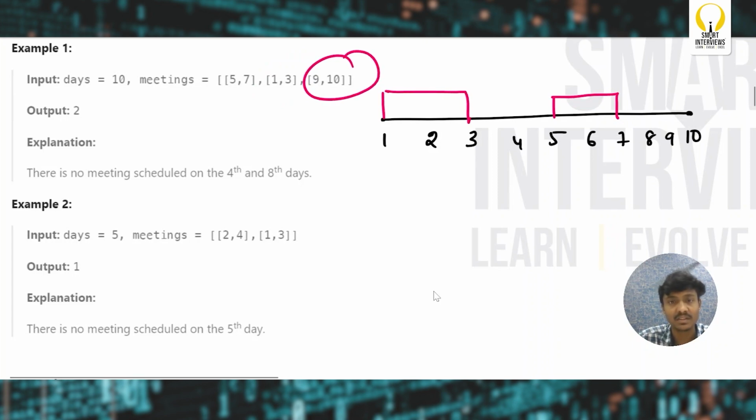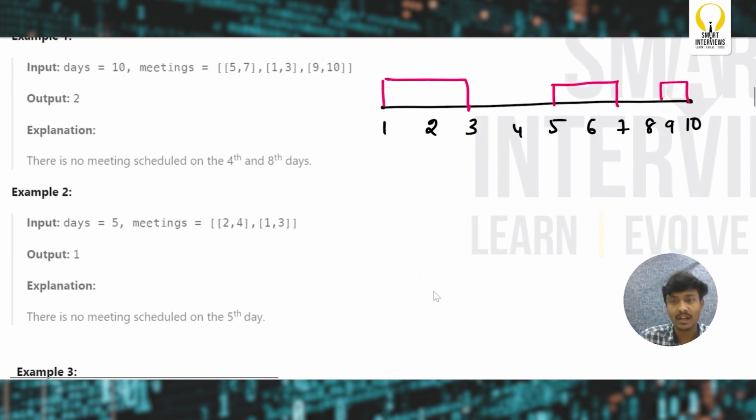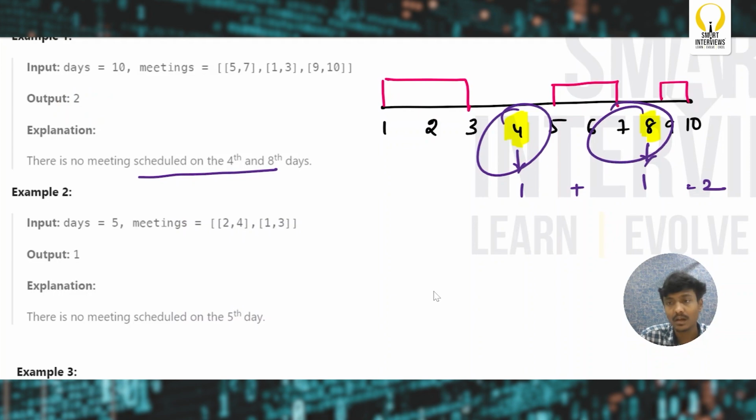And what is the third interval saying? There is a meeting from 9 to 10. And there are 2 days, that is 4 and 8, on which there are no meetings scheduled. So we should return 1 and this is 1. That's what the explanation is saying. There is no meeting scheduled on the 4th and 8th days.